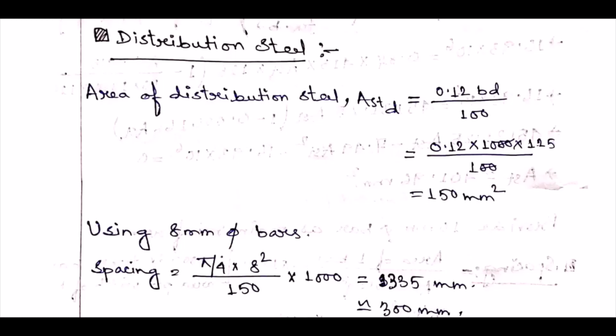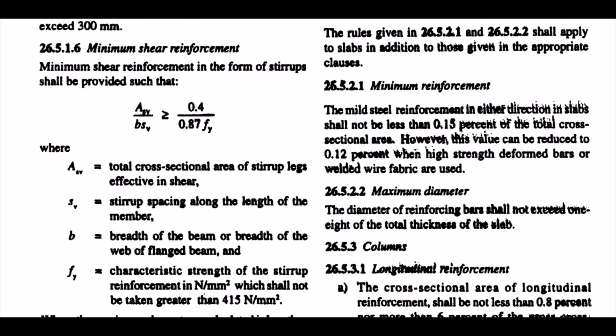Now next step is distribution steel. For distribution steel, first of all we have to check out once clause number 26.5.2.1 of IS 456-2000. Let's go to code. Now check here clause number 26.5.2.1, minimum reinforcement. The mild steel reinforcement in either direction in slabs shall not be less than 0.15% of the total cross sectional area.